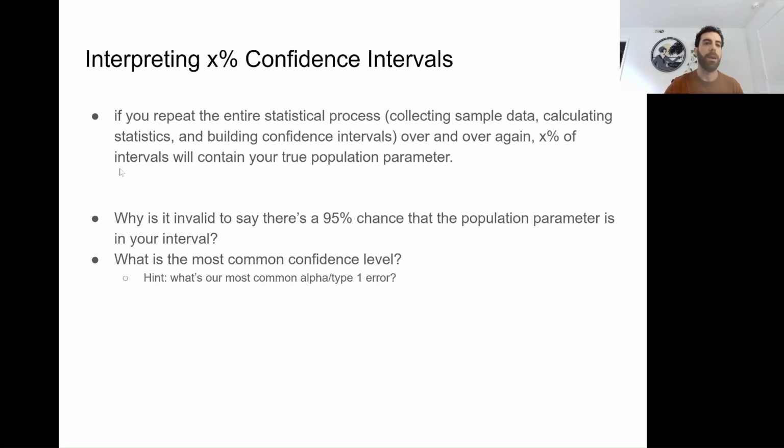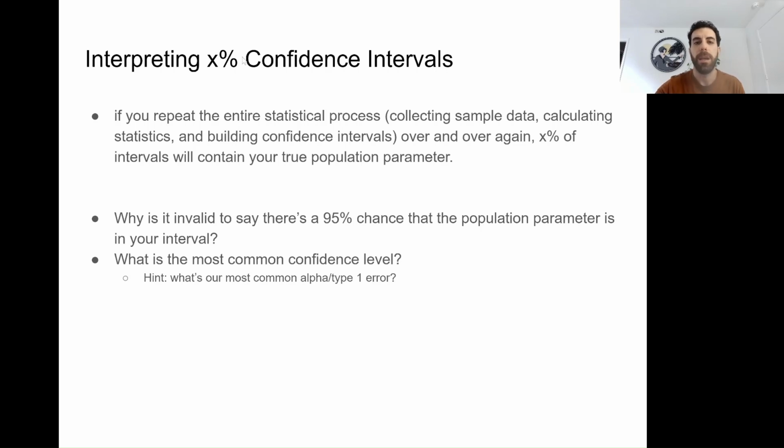You might remember from the previous slide, I said something like, we're 95% confident it's in there. That's a somewhat true statement, but it's much harder to interpret, and it's kind of left up to the audience how they interpret that.